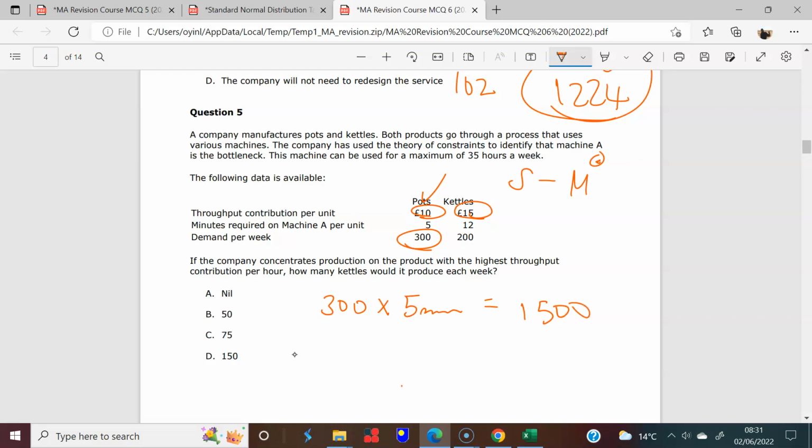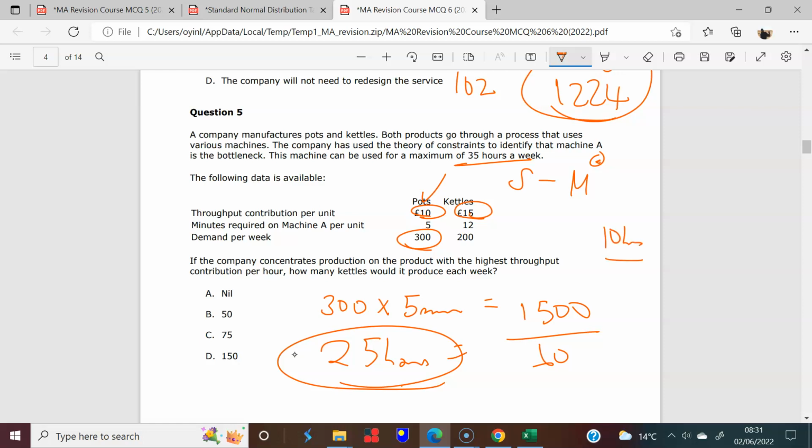And when I divide this by 60, you get 25 hours. So I need 25 hours, right? You have 35, so it means you have 10 hours left to make kettles.